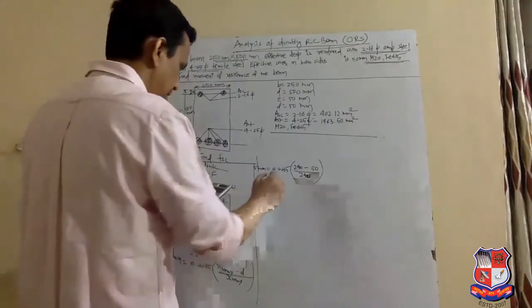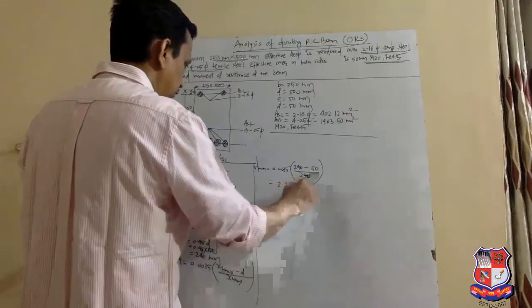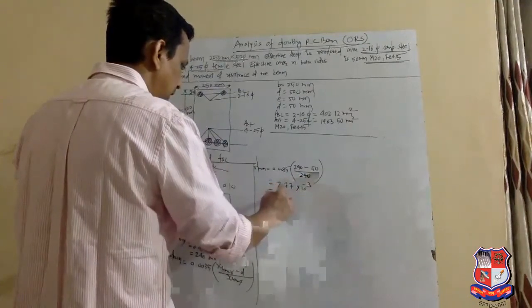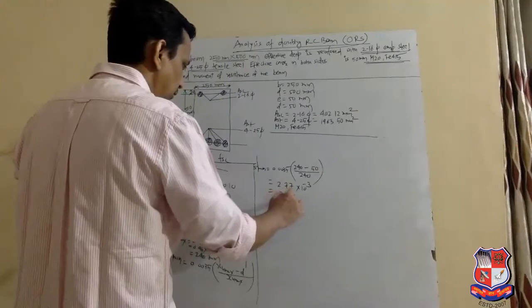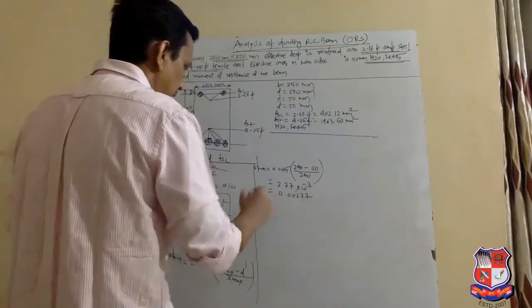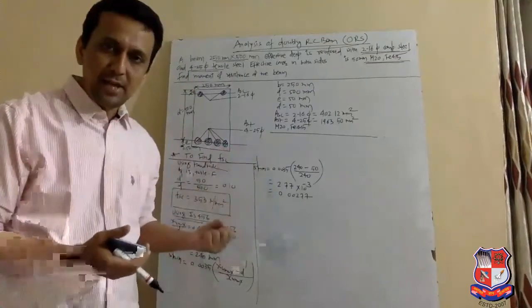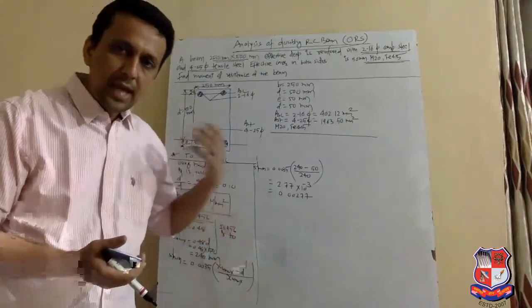So we get 2.77 into 10 raised to minus 3, which is equal to 0.00277, right?